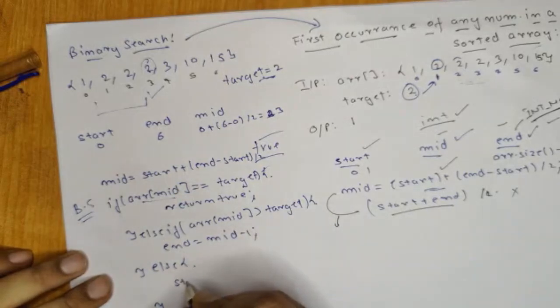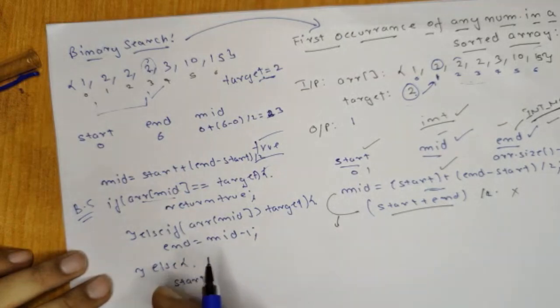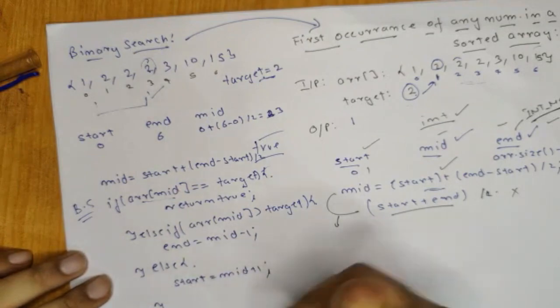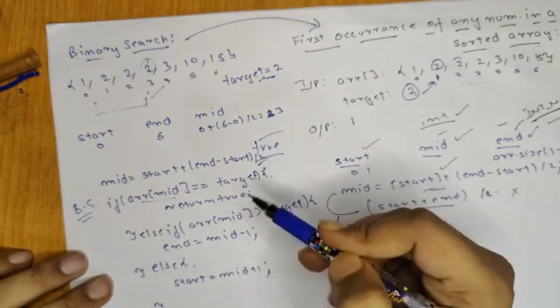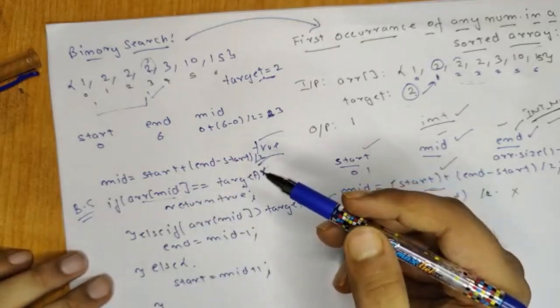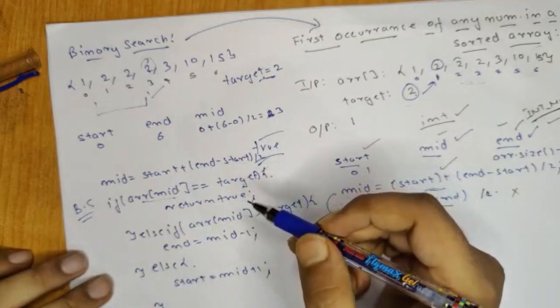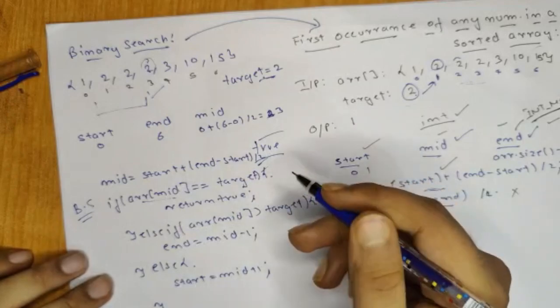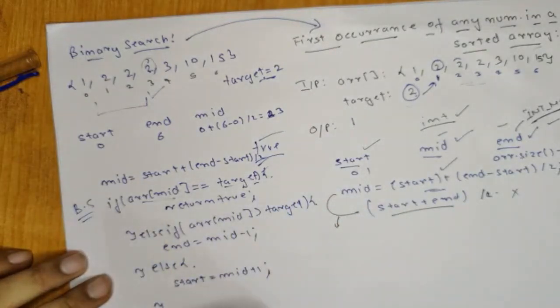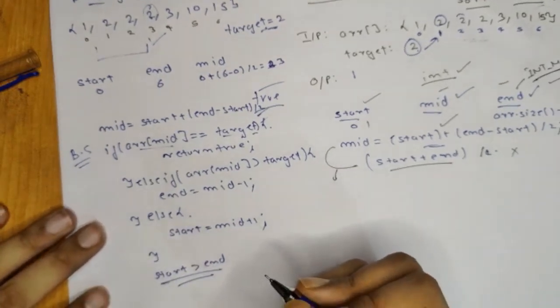Otherwise we restrict our search to the second half, so start is equal to mid plus 1. Then we calculate mid again according to the new start and end values, and repeat until we find the target or start becomes greater than end. Then we stop.